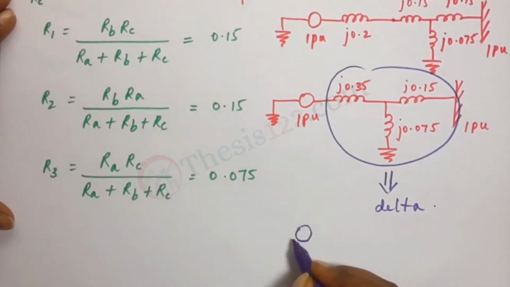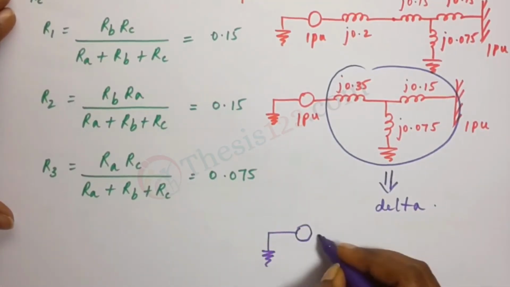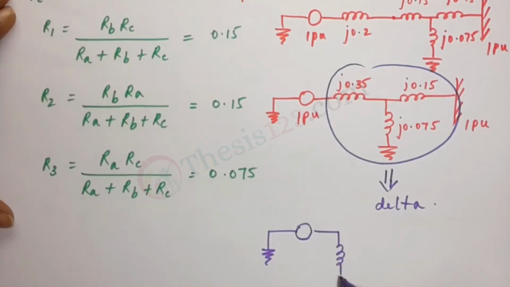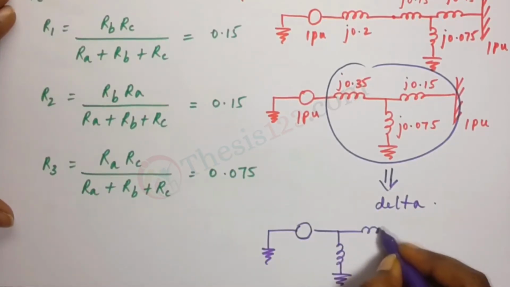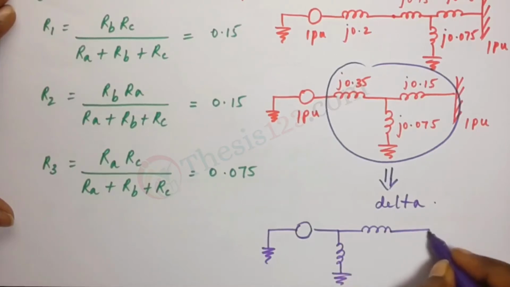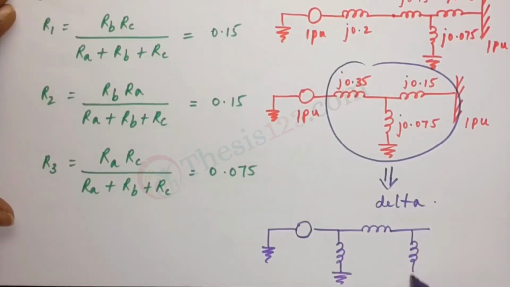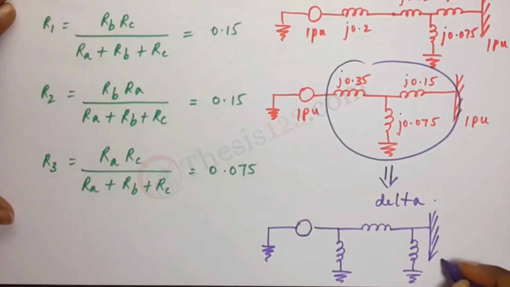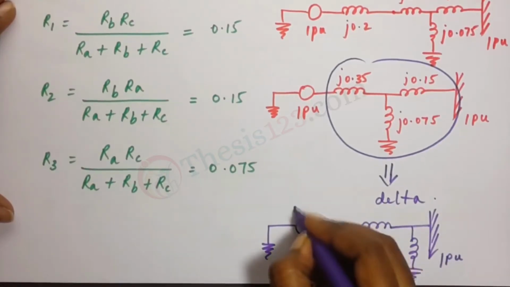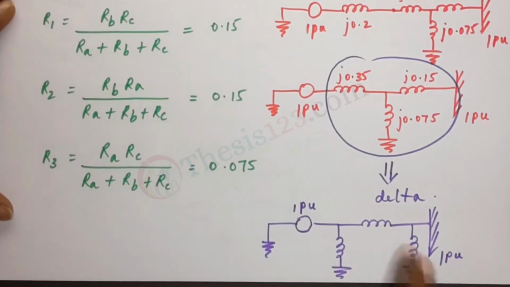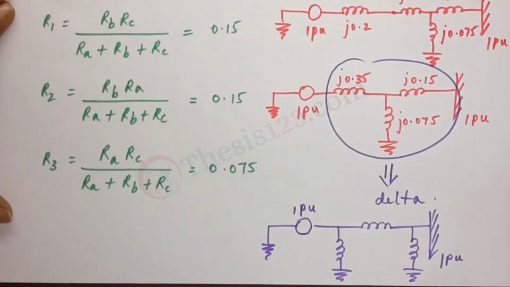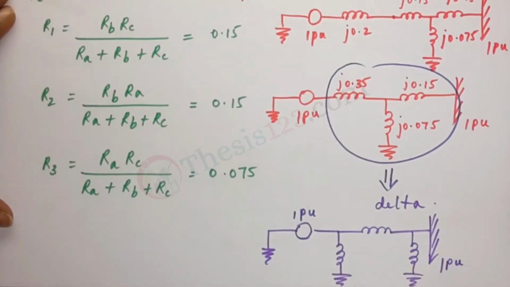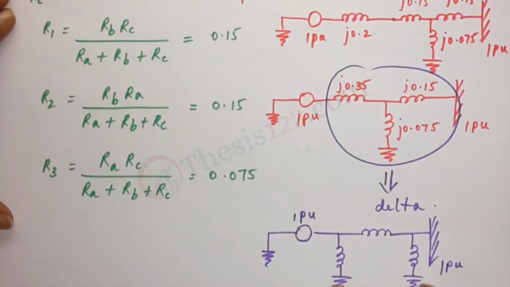So basically we need the form in like so. We have one here, and then one here, one here. So this is 1 pu, this is 1 pu. We need it this way. This is because when a fault occurs, the second line would be grounded immediately.